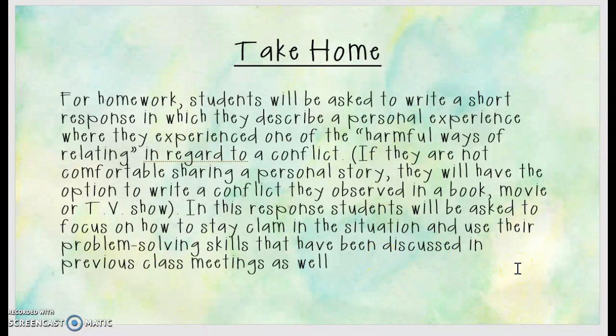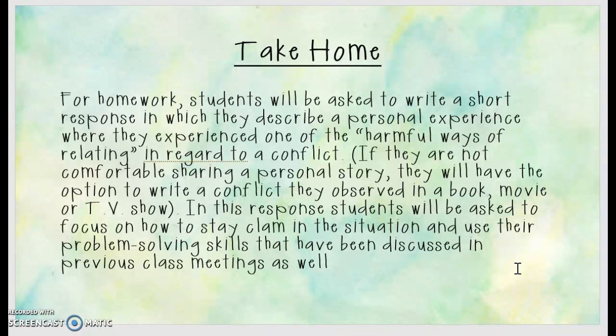For homework, the students are going to be asked to write a short response where they describe an experience that they may have had with one of these harmful relationships that we just talked about in class. And if they're not comfortable sharing a personal relationship, then they can write about one that they saw on a TV show or read about in a book.